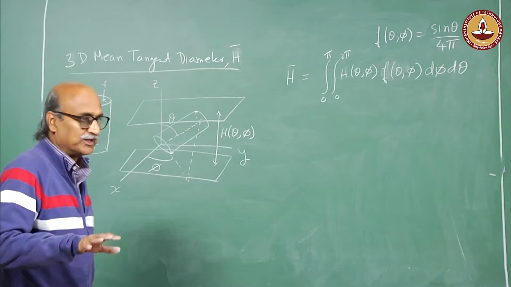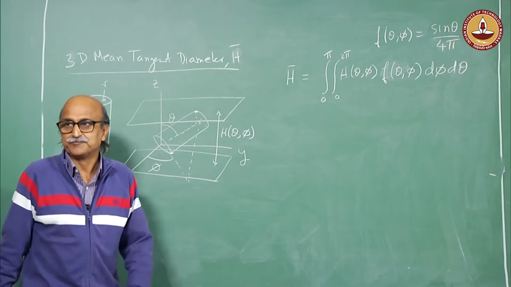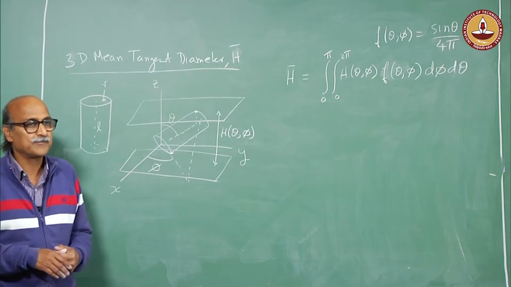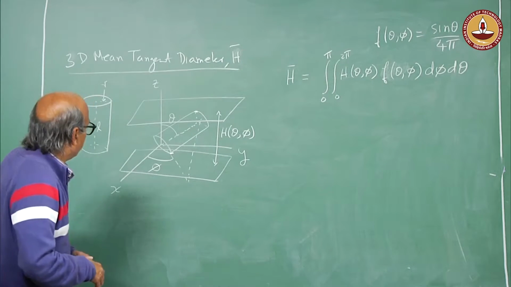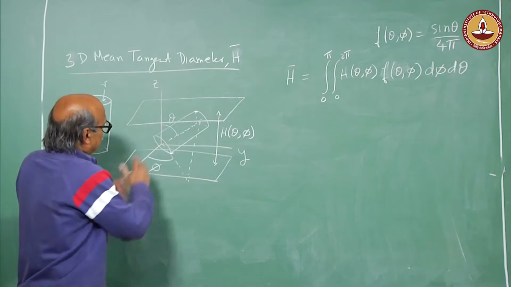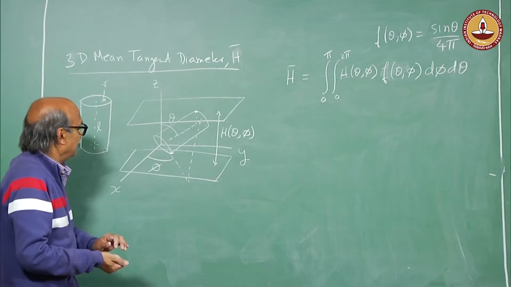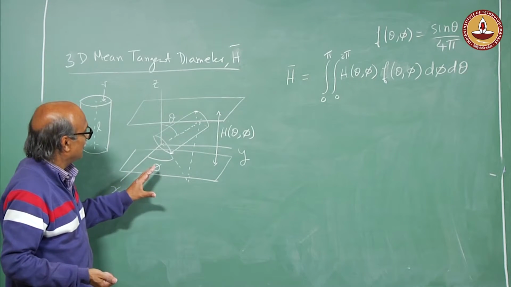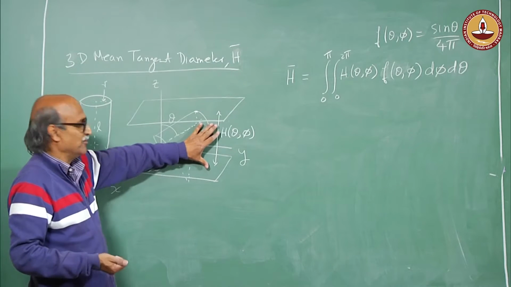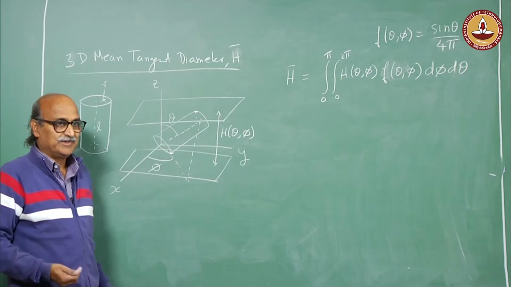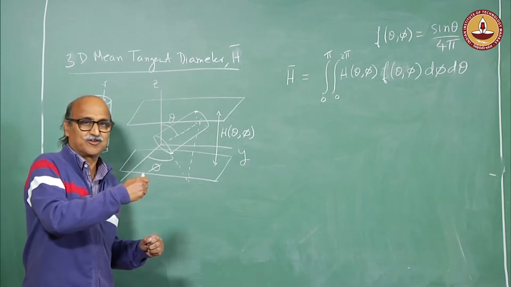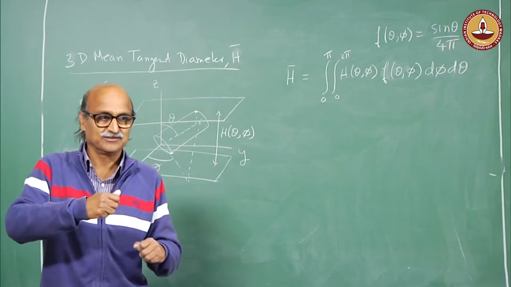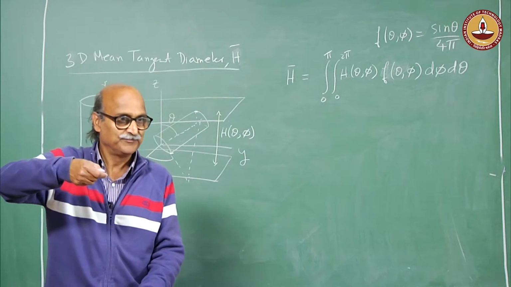Now, this problem is not as complicated as it looks. Let us try and visualize how the tangent diameter will vary with theta. If theta is 0 degrees, what will be the tangent diameter then? The distance between the tangent planes.